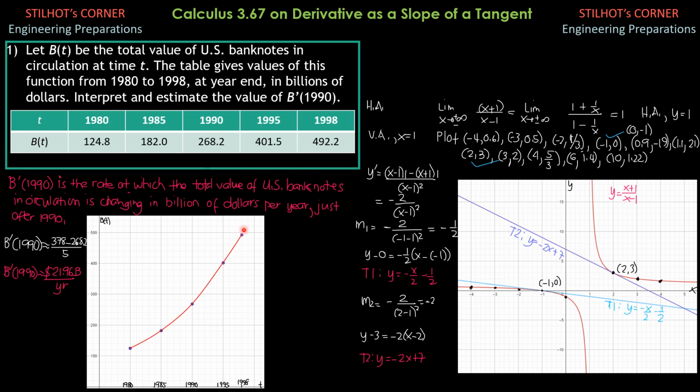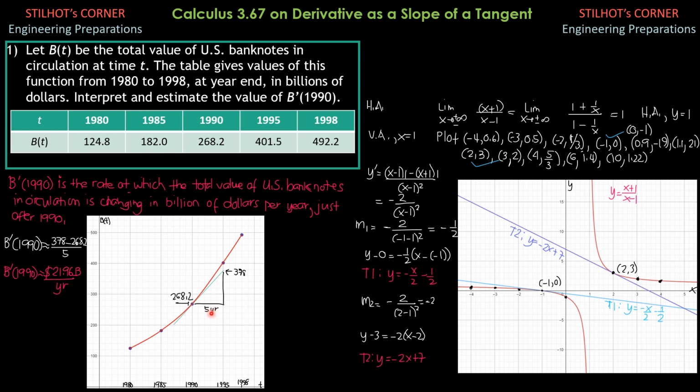So that's the curve. Then let's draw that tangent, so that after 5 years from here, we have to estimate this intersection of the tangent and estimate the US banknotes in billion dollars after 5 years. So that's approximately 378. This is 5 years. This is 268.2, which is given, and that's 5 years.